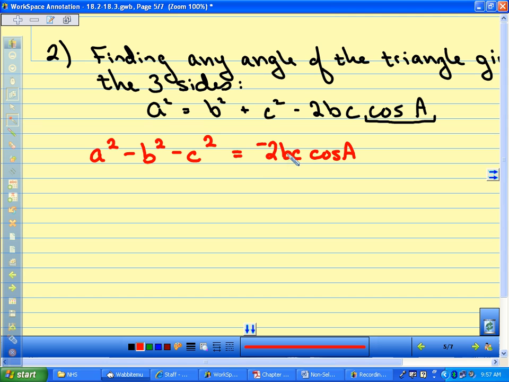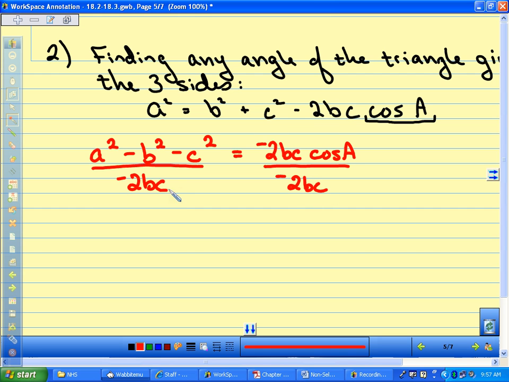Well, what are the operations that are going on over here now then? There's no adding. There's only multiplication. It's negative 2 times b times c times the cosine. So how do we undo multiplication? With division. And what do I need to divide this side by to just be left with my cosine A? Negative 2bc.